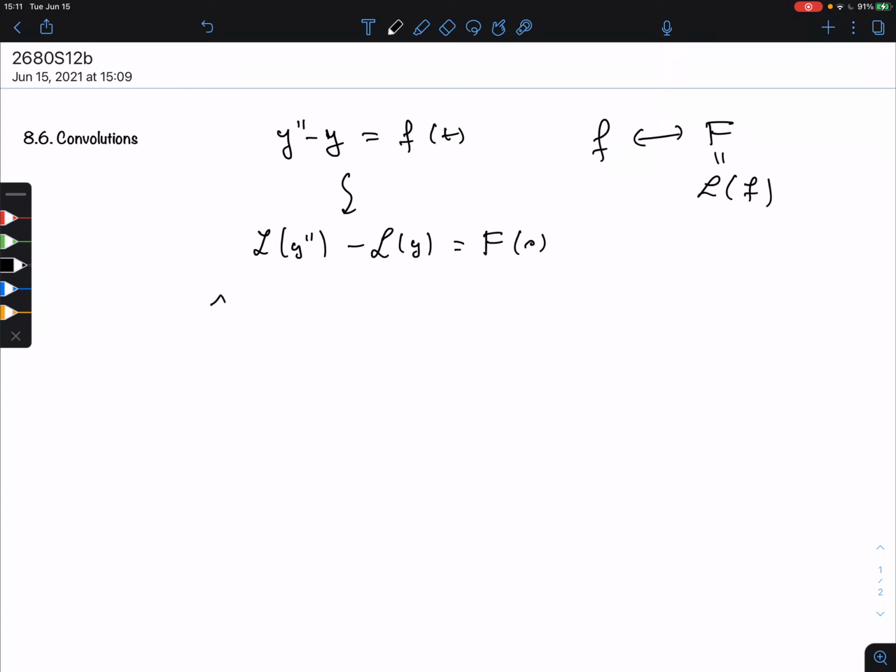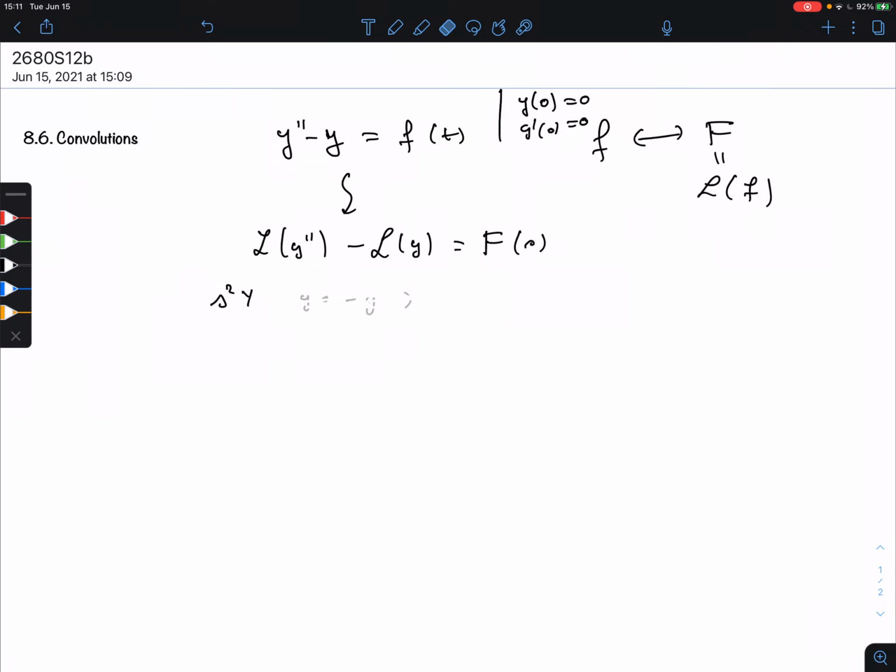And so we know that this is s squared Y minus, and for simplicity let's take the initial conditions both to be 0. Now remember, in the formula for the Laplace of the double derivative, this is s squared Y, and then there would be an s y(0) minus y prime(0). But for simplicity I took these both to be 0, so it's actually not there.